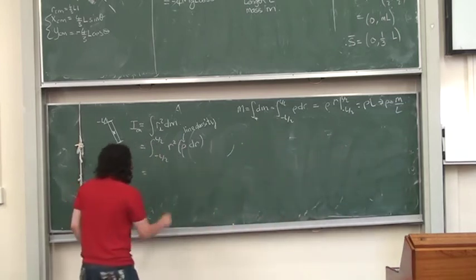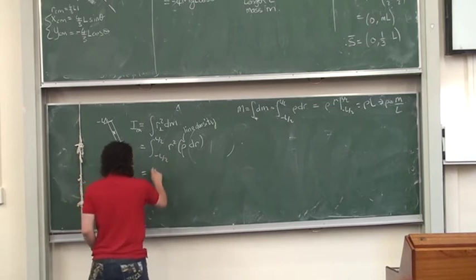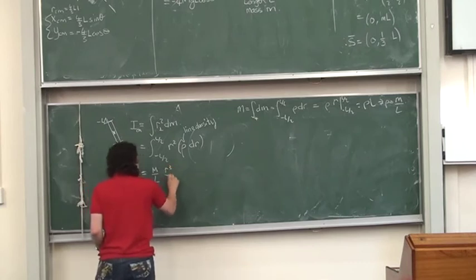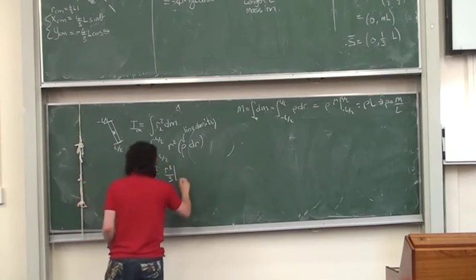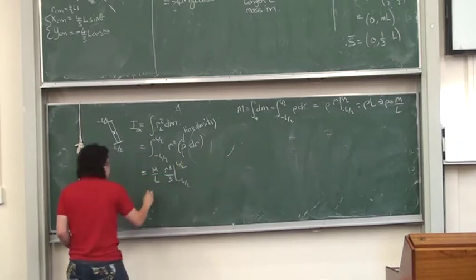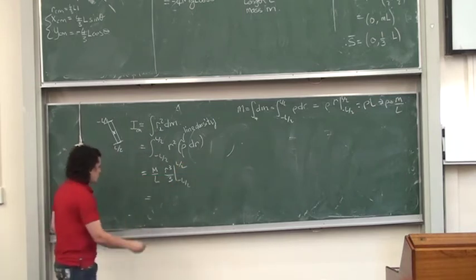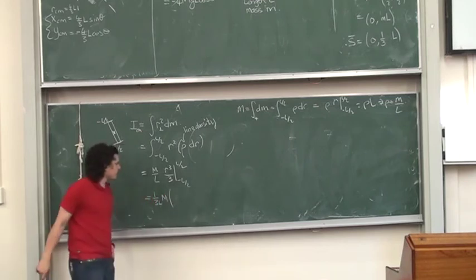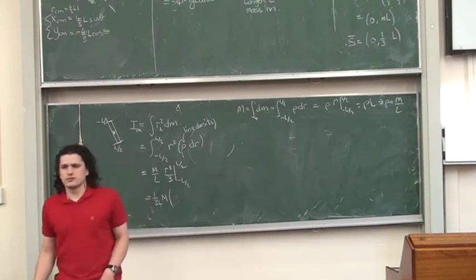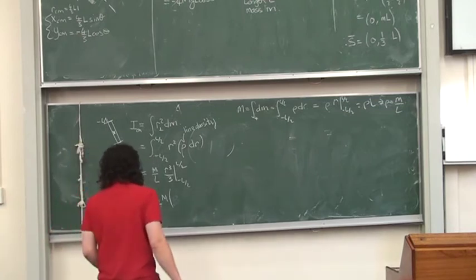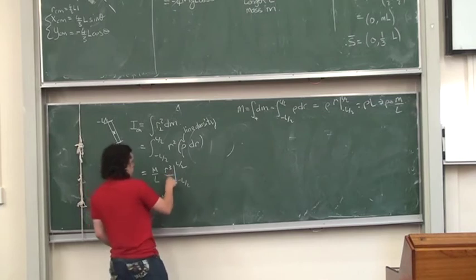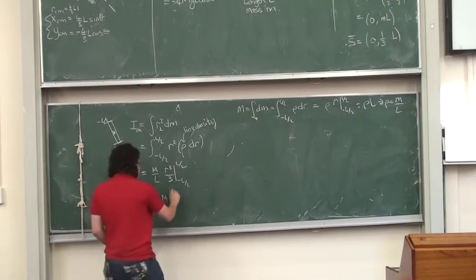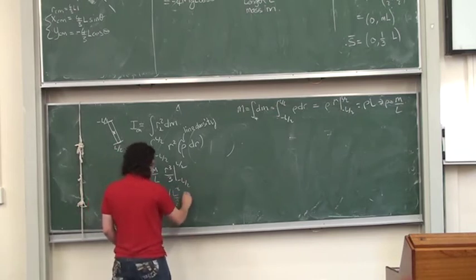Right, so we can write this out as the rho can come out, m over L, this becomes r cubed over 3, evaluated between minus L over 2 and L over 2. That gives us an answer of 1/3 of m times L cubed over, so that's L cubed over 2 cubed, which is 8, minus minus is plus.